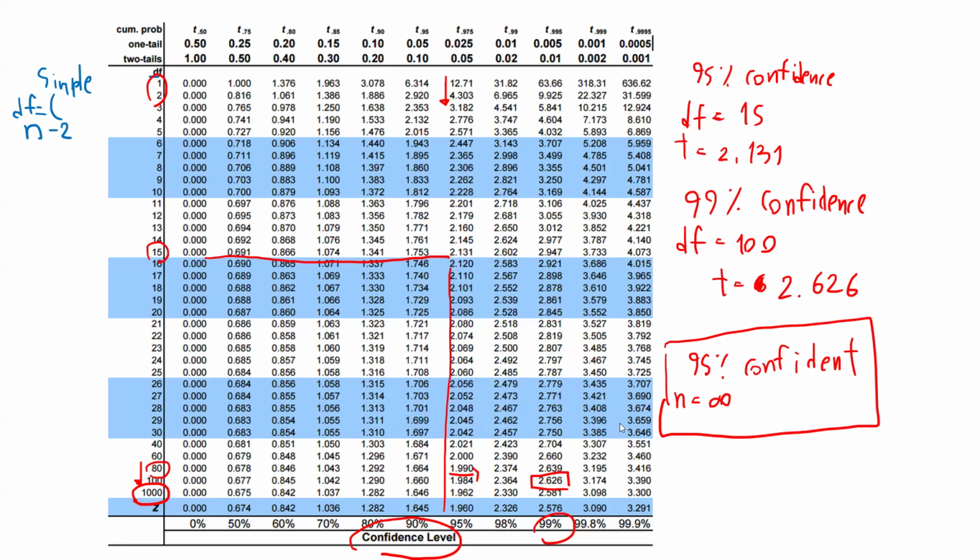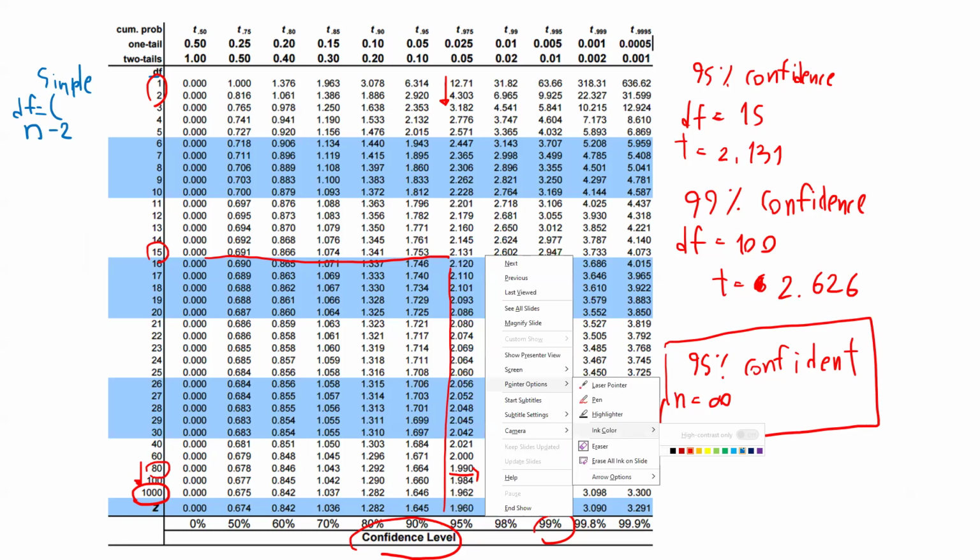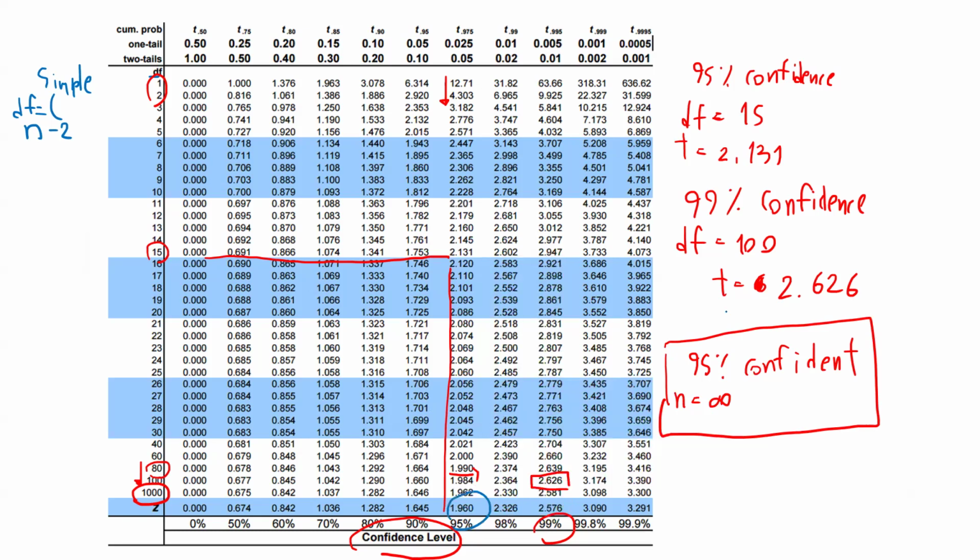1.96 here. 1.96, so t equals 1.96, or around 2. Yes, this one is good to remember because we use this number frequently.